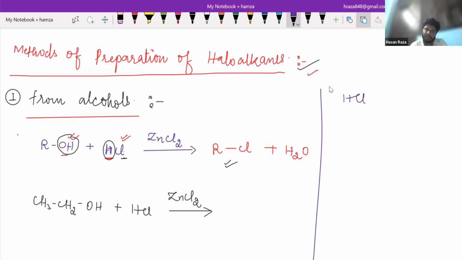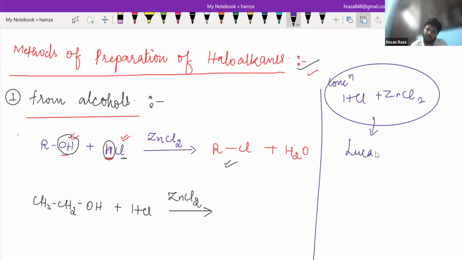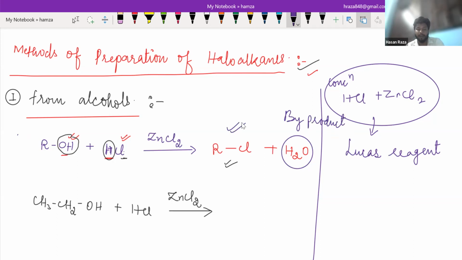This HCl, concentrated HCl plus ZnCl2 is known as Lucas reagent. So when we are going to use Lucas reagent in alcohol, it will give haloalkane. And this H2O is called byproduct. We deal only with main product, that is haloalkane.